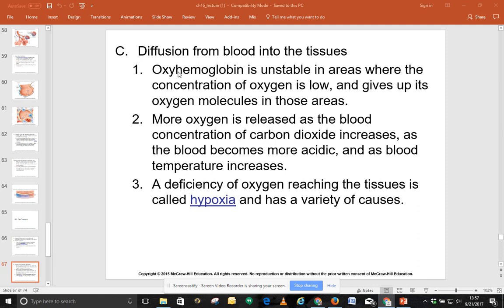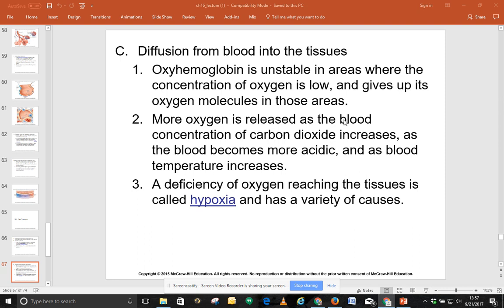So if you have all this oxygen on your hemoglobin and it's floating around to an area that is low, it's going to want to dump off or release the oxygen to the area of low concentration. It gives up its oxygen molecules in those areas, which in most cases is what we want because we need to deliver oxygen to the cellular level so the cells can have internal respiration inside of the cells, which we talked about in an earlier lecture.